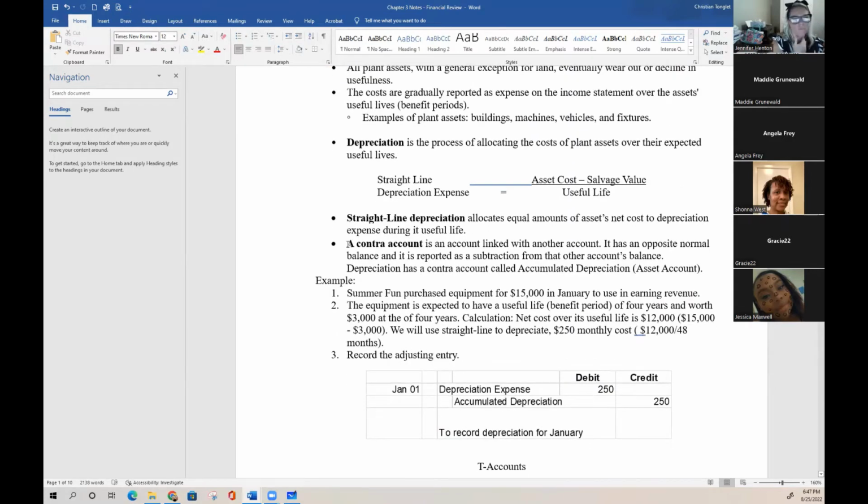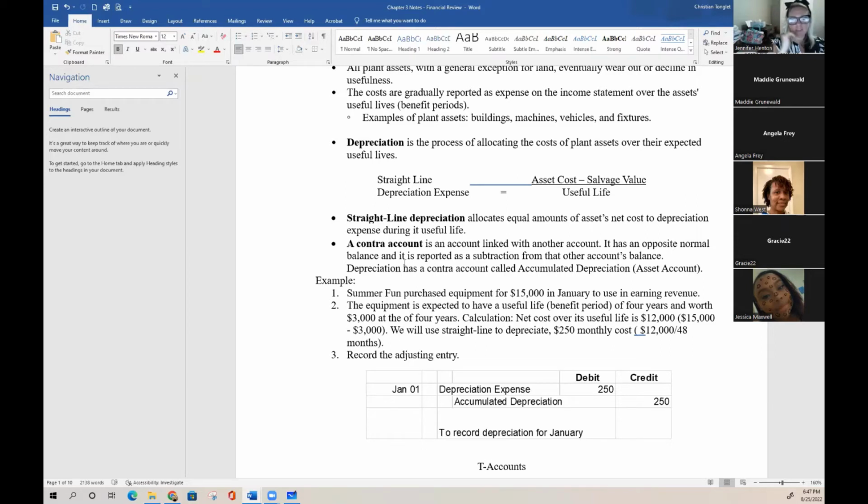Okay, I don't know if you remember this term. Some people remember it, some don't. A contra asset account. Basically, let's say I bought some equipment, and it goes on the books. I bought the equipment for $100,000. The equipment goes on as a long-term asset under plant assets, equipment, $100,000. Well, when I depreciate it, it's not going to go directly into that equipment account.